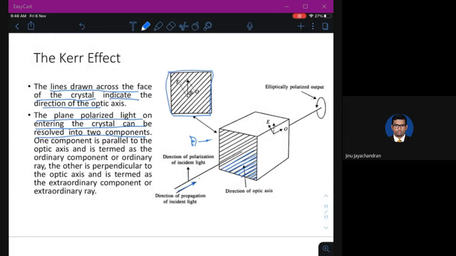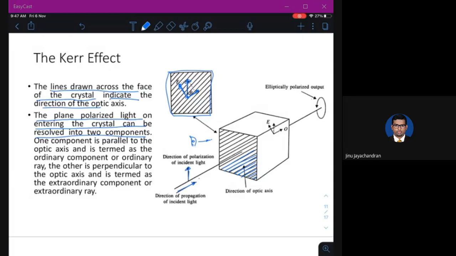You see that the direction of propagation is this, and the plane of polarization is this. It can be resolved into two perpendicular components. One is along the direction of the light, and one is along the perpendicular direction.